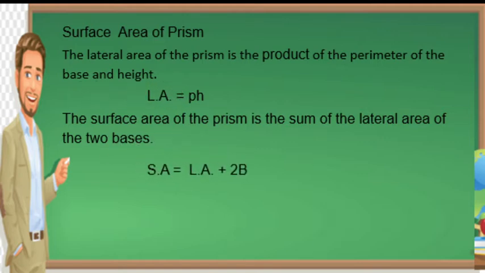So SA is equal to LA plus 2B, where B is equal to S times S, or L times W. It is the area of the base, and it depends on the figure. If it is rectangular, length times width. If it is square, that is S times S.